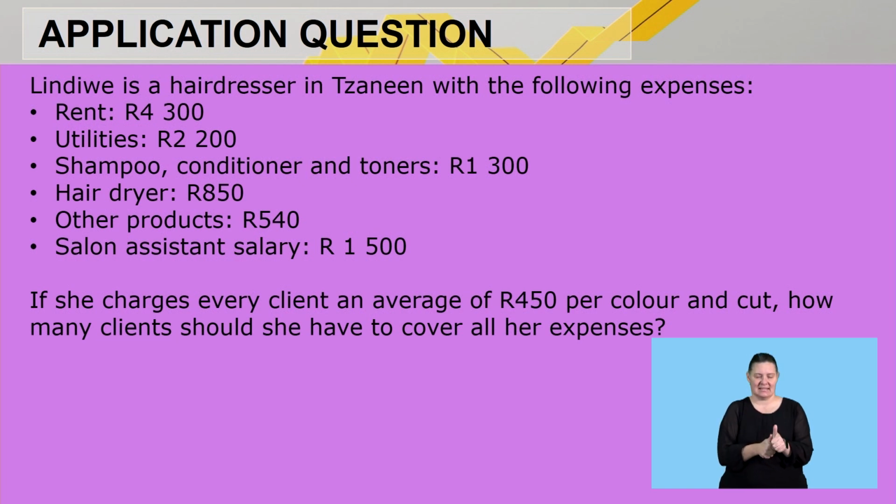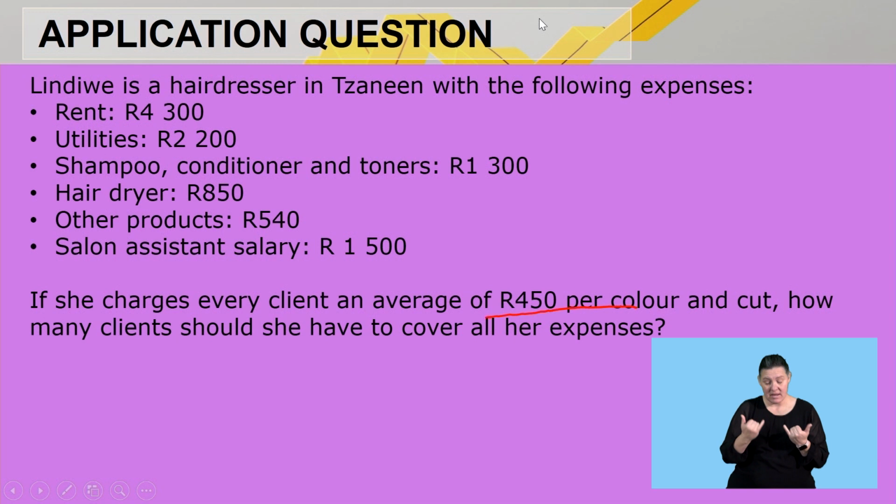And then she's got a salon assistant and she pays her a salary of 1,500 rand. If she charges every client an average of 450 rand per color and cut, how many clients should she have to cover all her expenses?